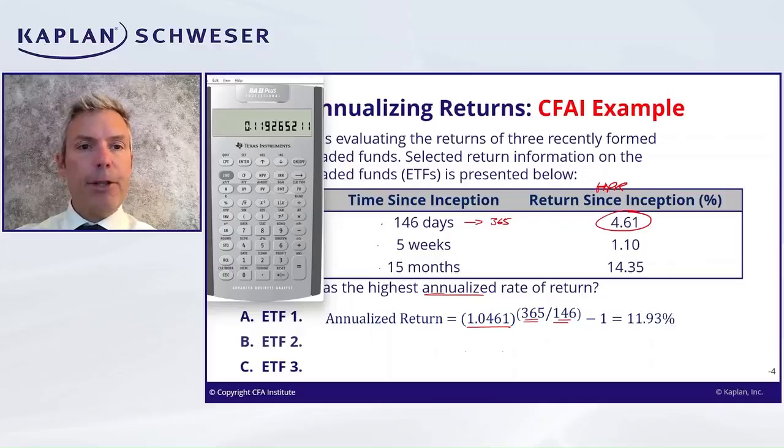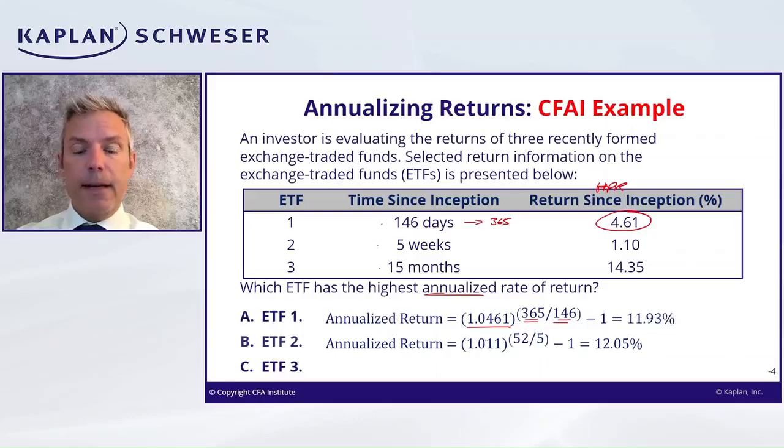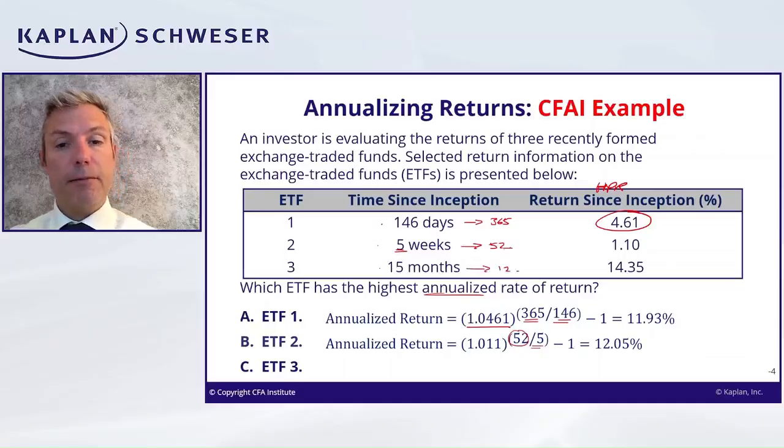In a similar fashion, you're going to be looking at an annualized return of 12.05 for ETF2. To get from 5 weeks to a year here, we need to go up by a factor of 52. So that's why we get 52 over 5 as the power. All right. And here we've got 15 months. Actually, we're scaling down there to 12 months for a year.